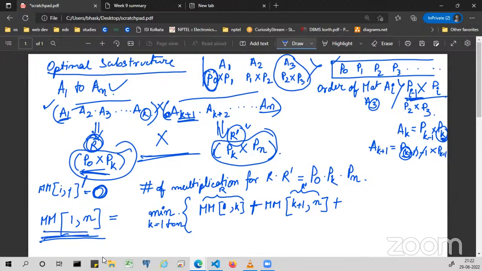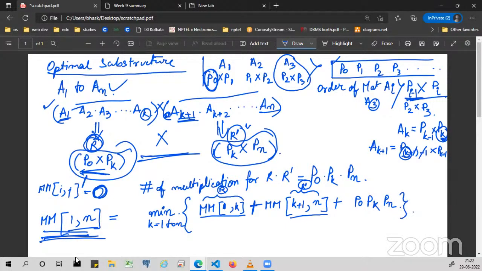That is the multiplications required to achieve R, the multiplications required to achieve R dash, and the number of multiplications required to multiply R with R dash. That is what equals the multiplications required to multiply 1 to n matrices, right? So what I write is plus P0, Pk, Pn. Okay, so this is the form.